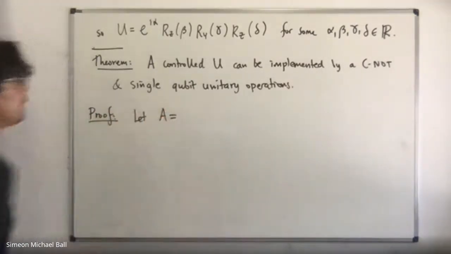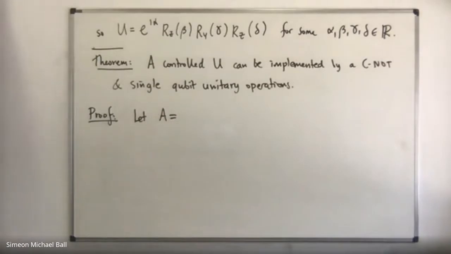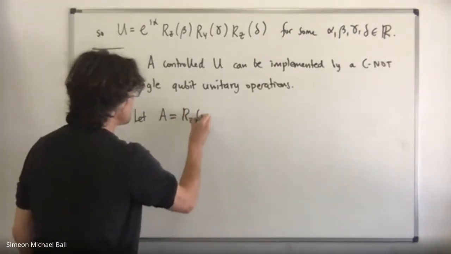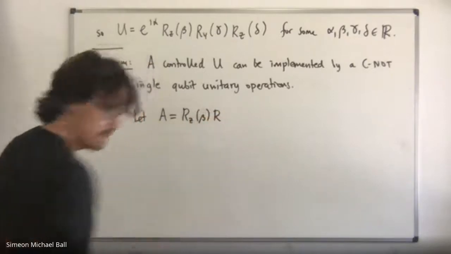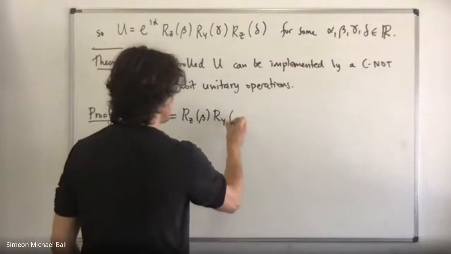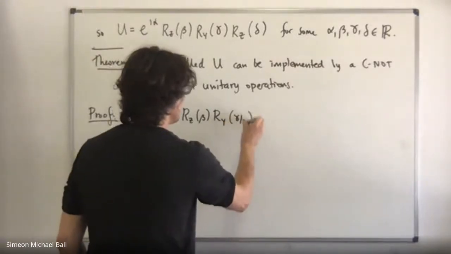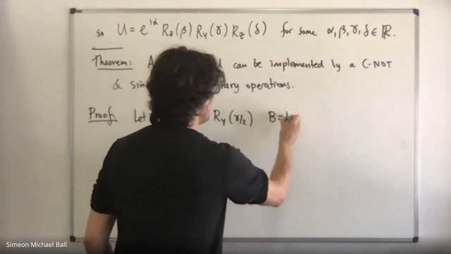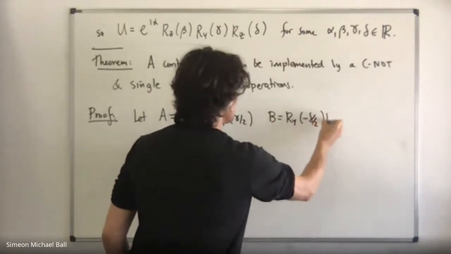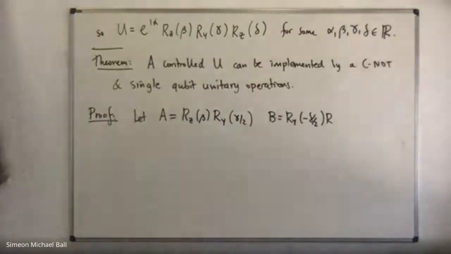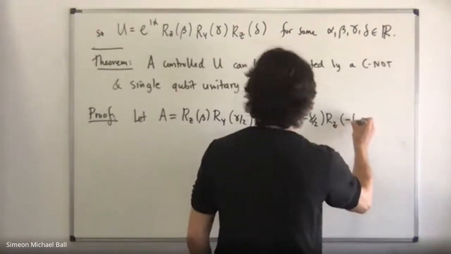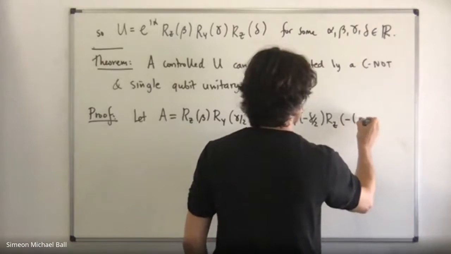So we're going to define our 3 single qubit operations in the following way. This is going to be Rz beta, Ry of gamma divided by 2. B is going to be Ry of minus gamma divided by 2. Rz of minus, what am I missing?